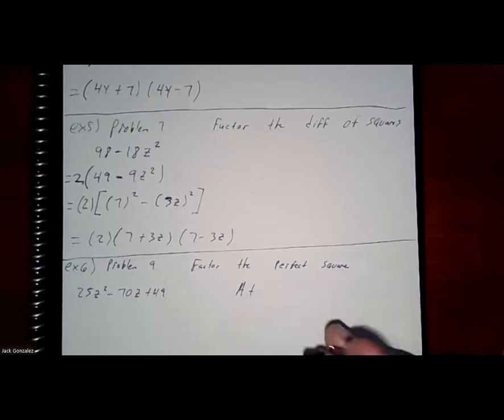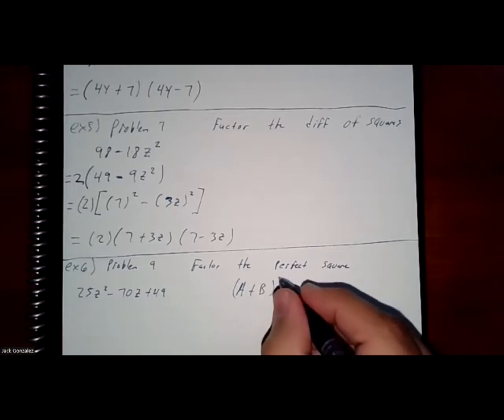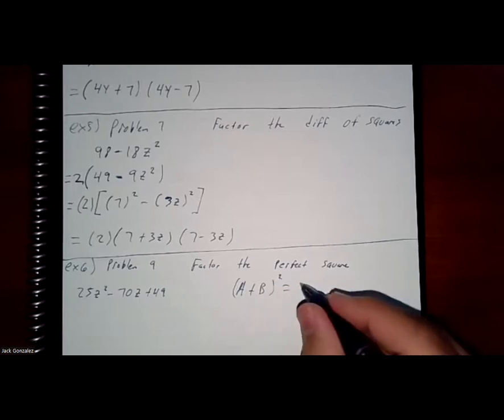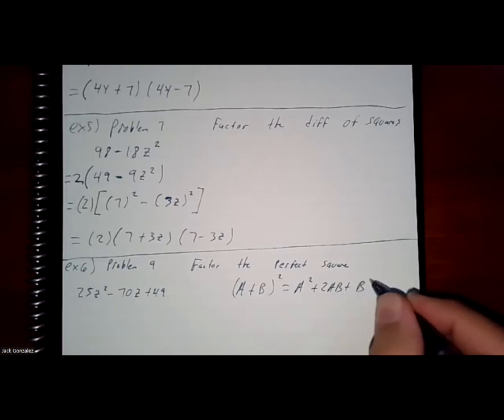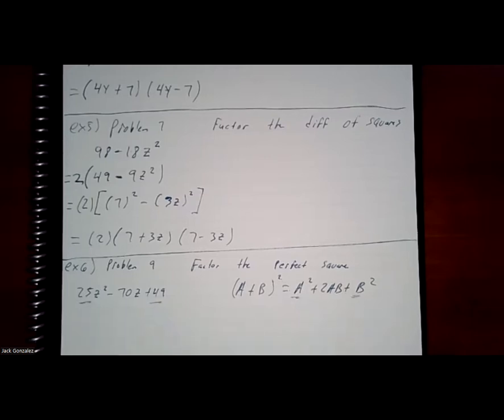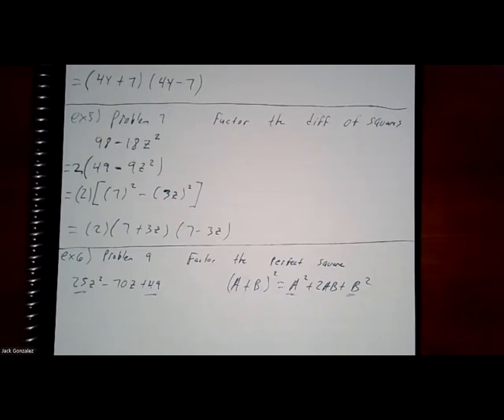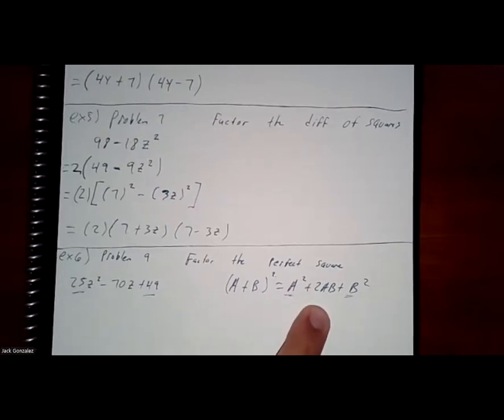And all perfect square means is if you have two terms being squared, the binomial formula, you'll get a squared plus 2ab plus b squared. So we have these two right here, right? We just got to verify, do we got 2ab or no? And if we do, then cool.